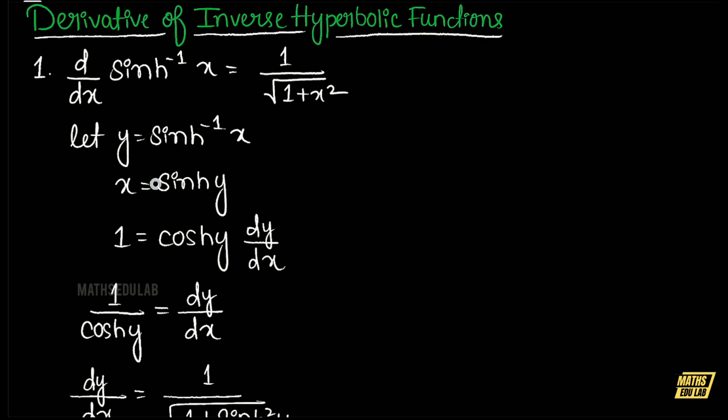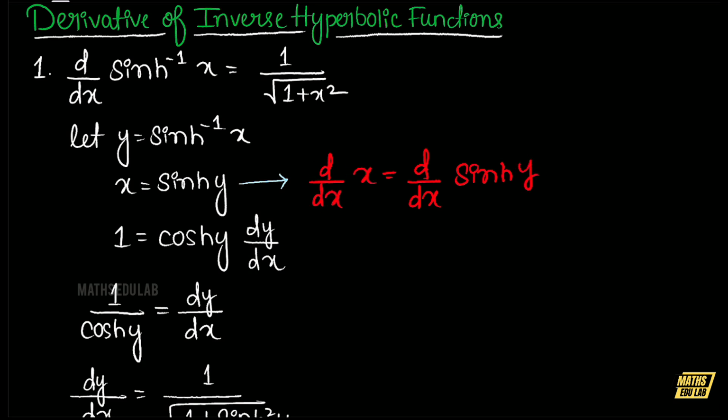Then the x value will be changed to sinh y. Here I have taken the derivative of this function. So d by dx of x equals the derivative of sinh y.